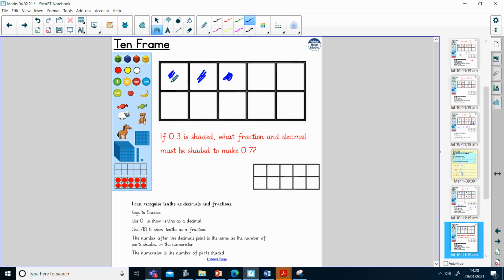So 0.1, 2, 3, 0.4, 0.5, 0.6, 0.7. I shaded this one, this one, this one, and this one. So I shaded an extra 4, which is 0.4, and as a fraction would be 4/10.